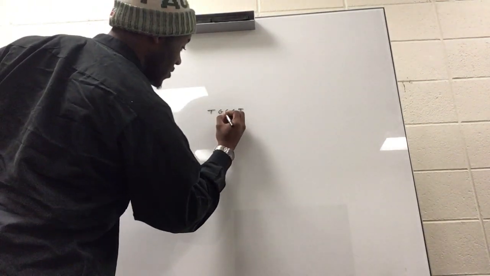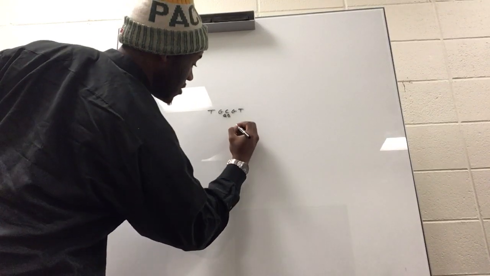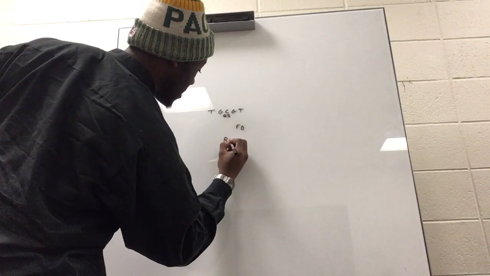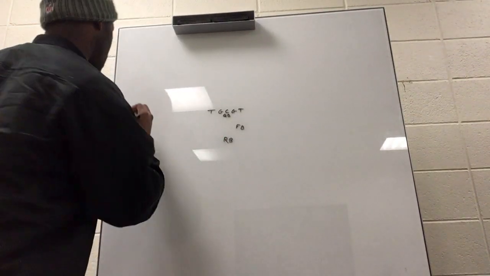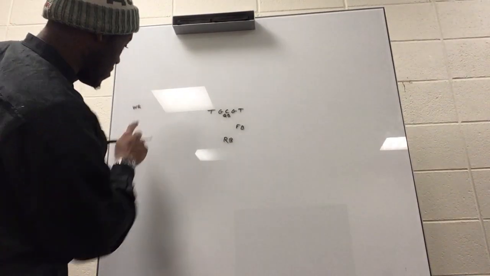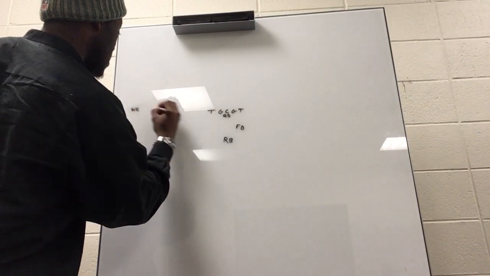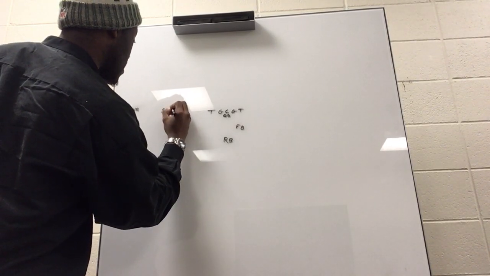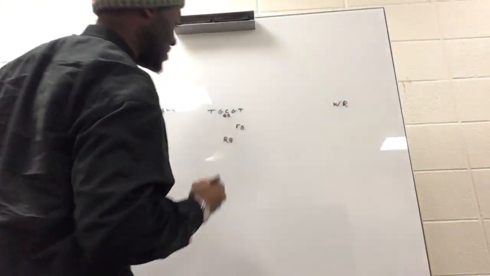So, strong I, 3 wide receivers. The quarterback will be under center. You have a fullback in the backfield. You'll have a running back in the backfield. And like I said before, 3 wide receivers. So, starting wide receiver on the left side. Slot wide receiver, starting wide receiver on the right side.